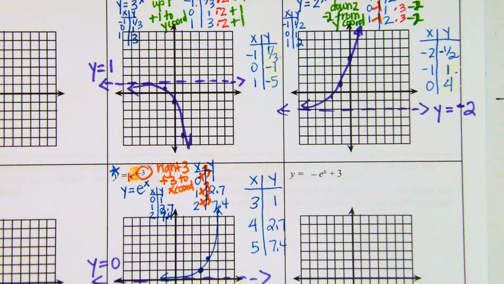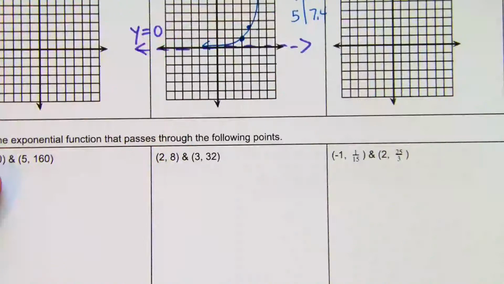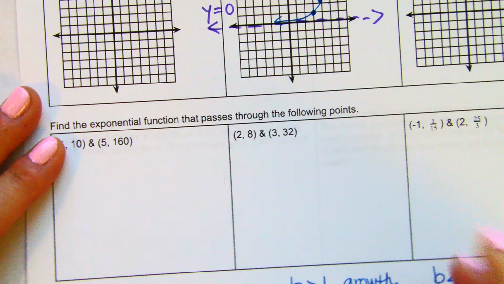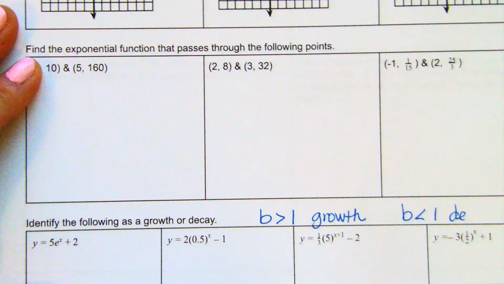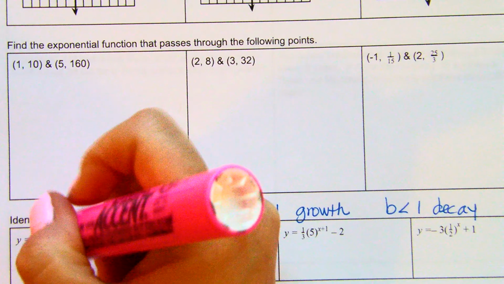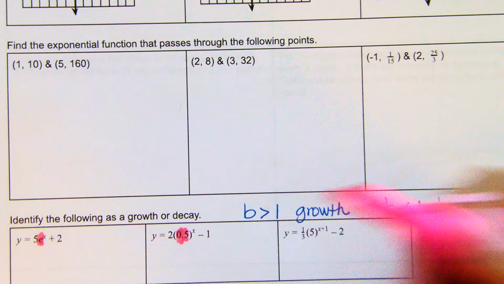At the bottom here, you guys know growth and decay. If the b is greater than 1, you know it's growth. And if b is less than 1, it's decay. All right, so the point here is you're basically looking at the base of your function.